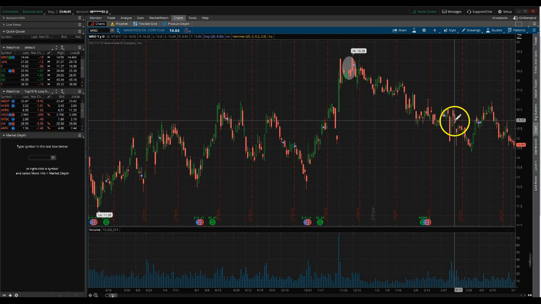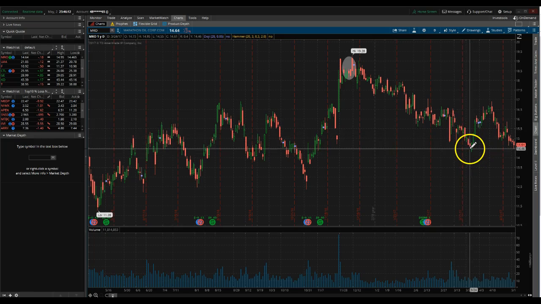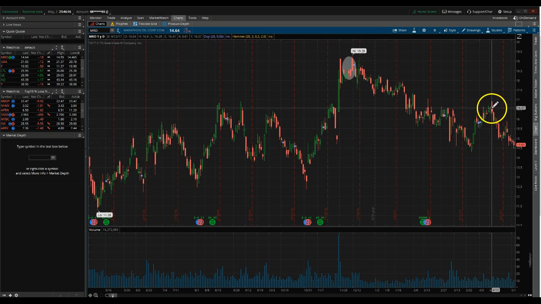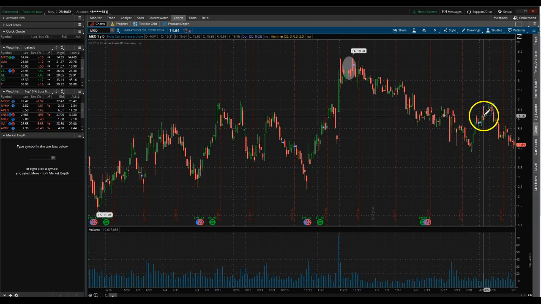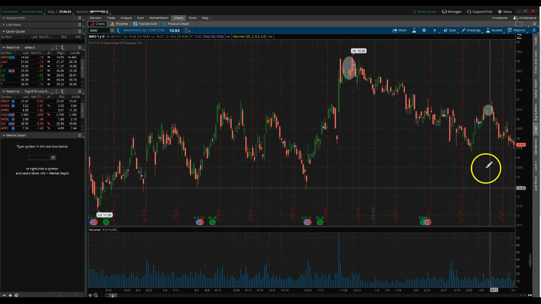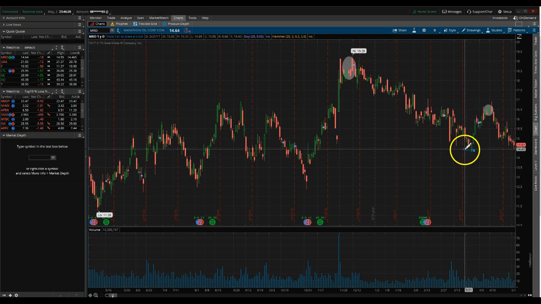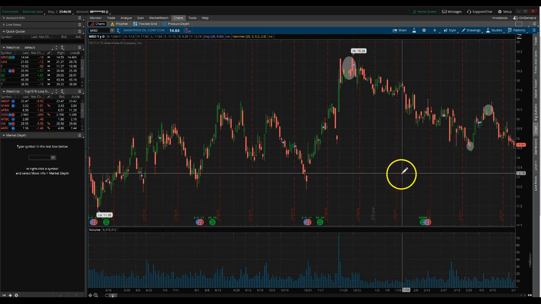MRO takes a little bit of a plunge, and then for the first time we see it hit $14.50, and at $14.50 the stock goes back up to $16.82, which was the high for this day right here, and the low was down here at $14.28.